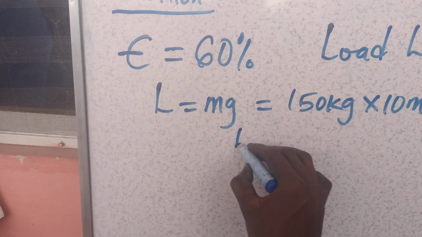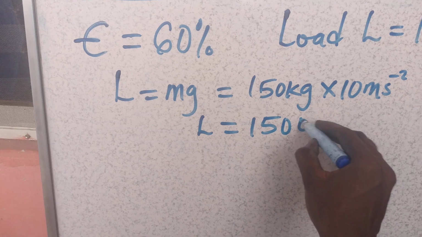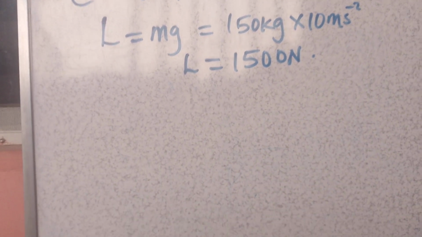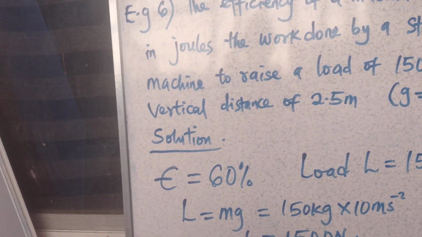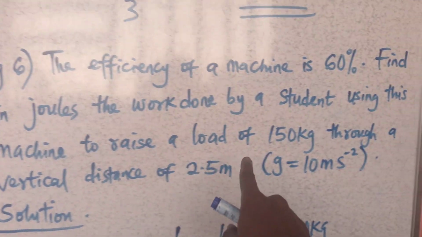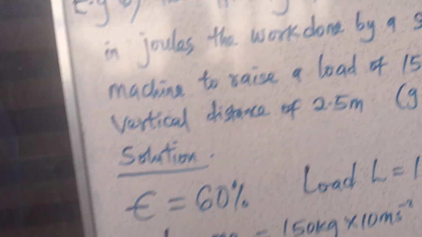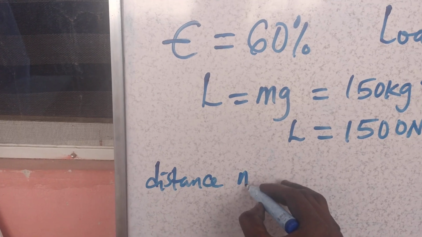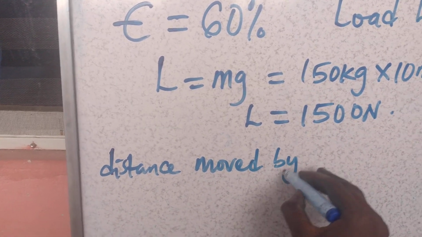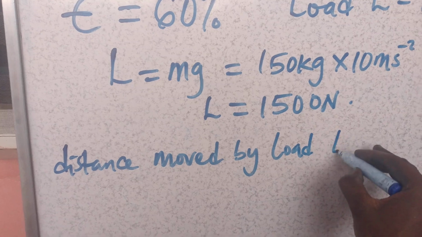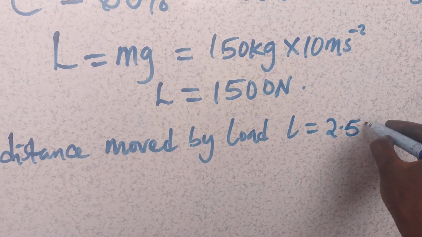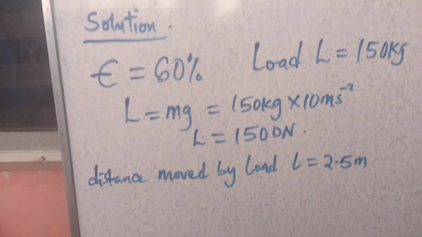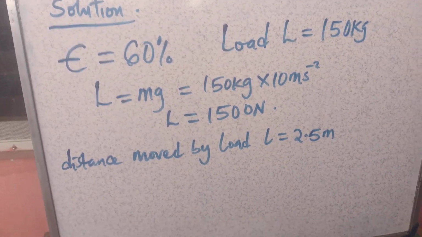That will give us a load of 1500 newtons. Then we are also told that it moves through a vertical distance of 2.5 meters. So the distance moved by the load, small l, is 2.5 meters.